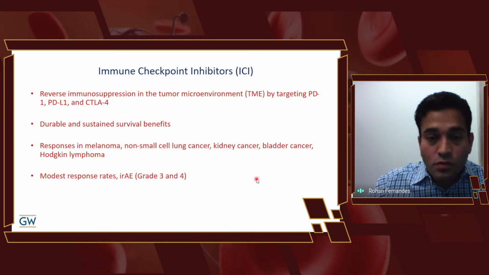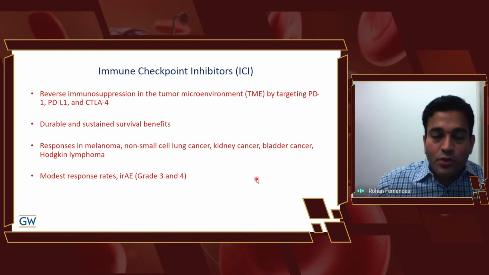Now, that's the promise. What are the challenges of working with immune checkpoint inhibitors? One key challenge is that you could have modest response rates in some of the tumors that are treated with immune checkpoint inhibitors. In some cases, the response rates can be as high as 50 to 60%, or in some tumor types, there is no response at all.